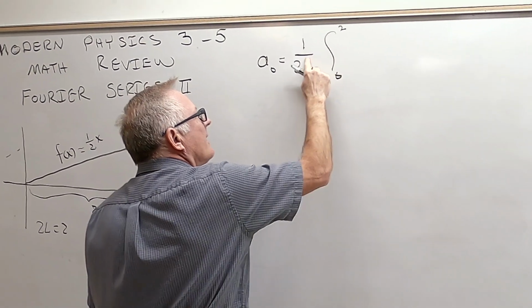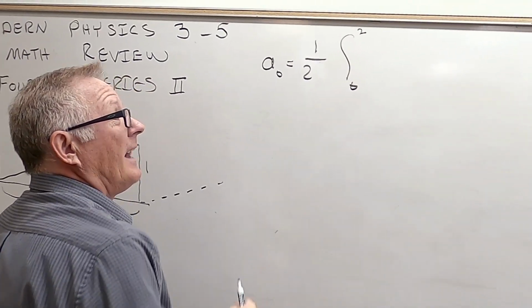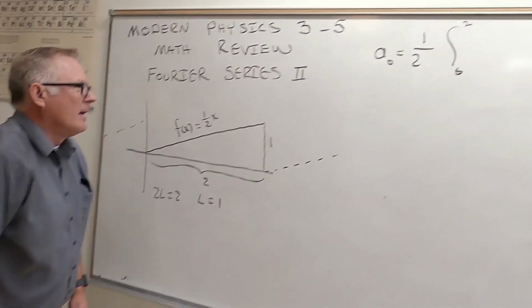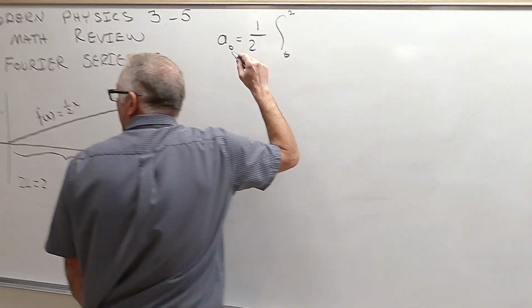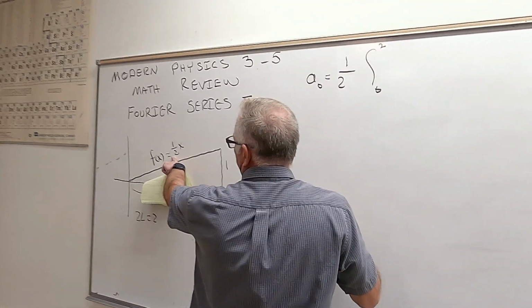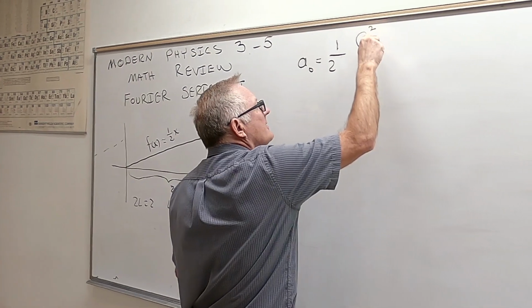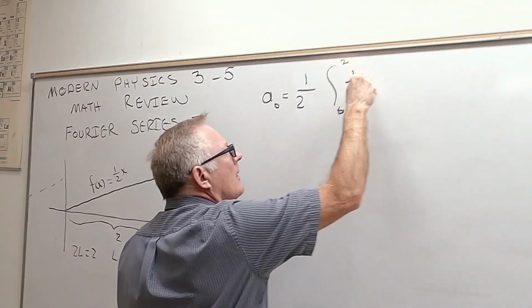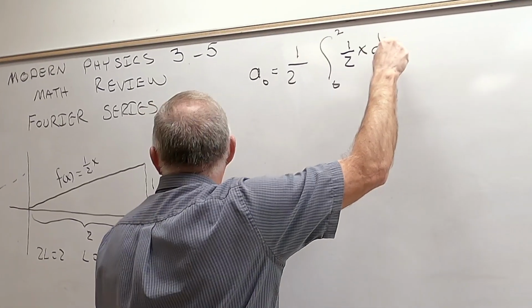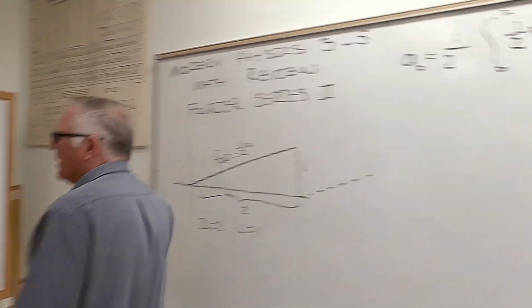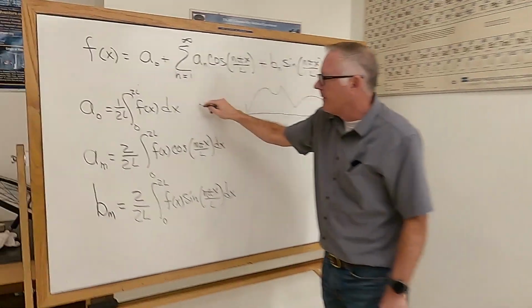And 1 over 2L is 1/2. Then f of x, there's my f of x, 1/2 x, dx. I'm just plugging in this formula right here.